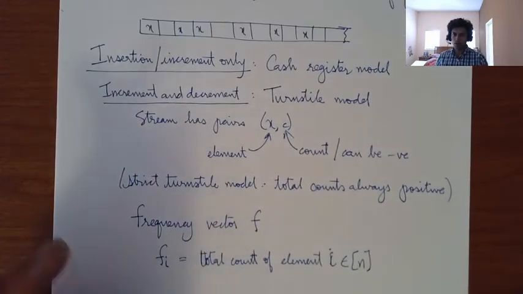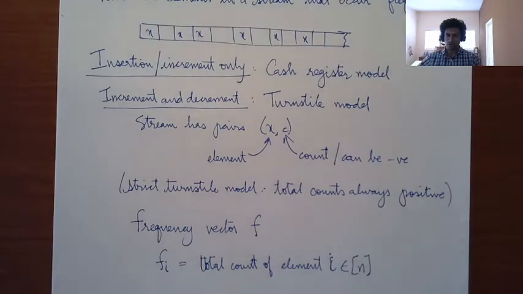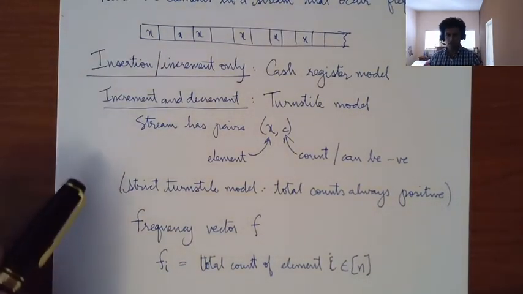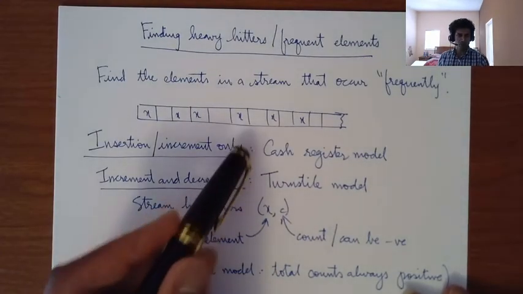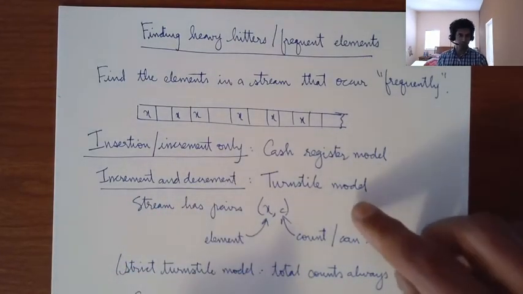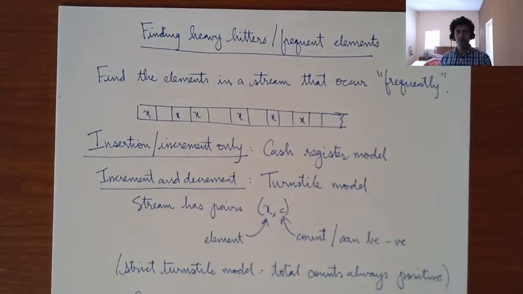The reason to bring these up is that when counting distinct elements one doesn't get into these models as much, but for counting heavy hitters or frequent elements this makes a lot of sense. In the turnstile model, an element's frequency could go up, but then its count could come down because of a lot of decrements. The question is, can the algorithm handle such operations?